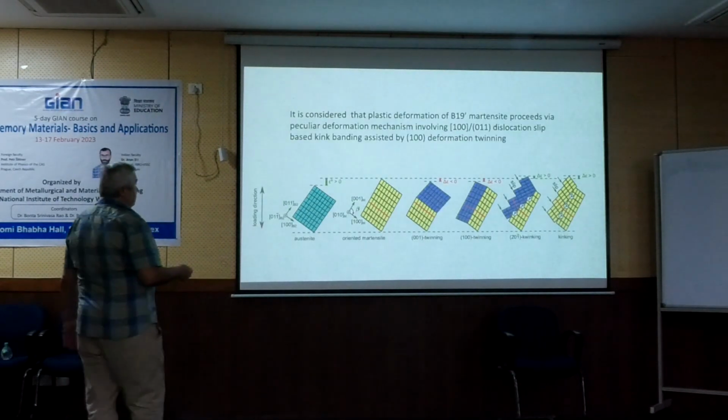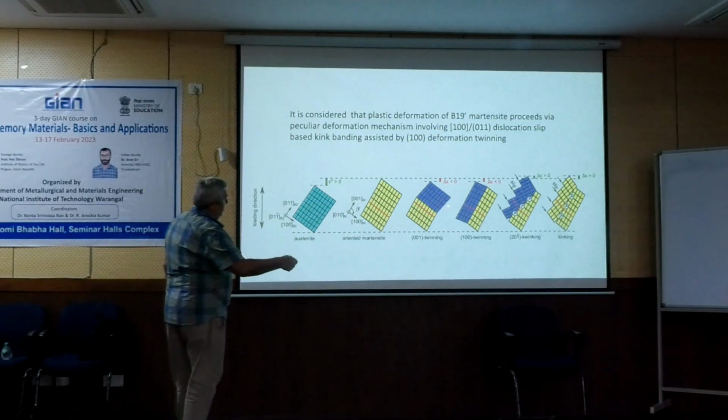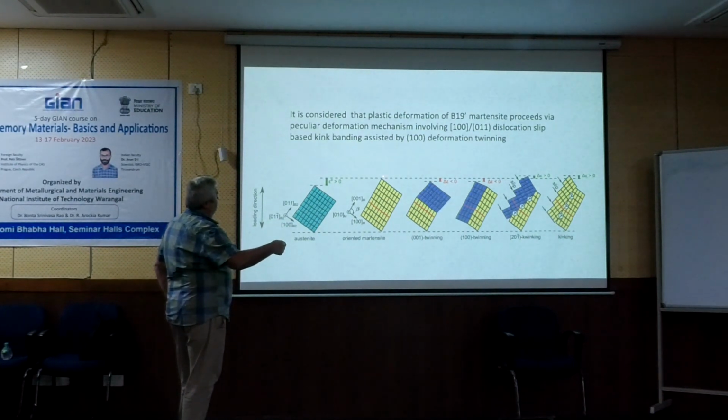So, well, here, if you look at it, this type of twinning always gives shortening. So there is no way how the twin can further deform this material.